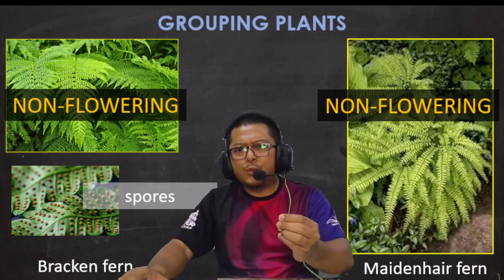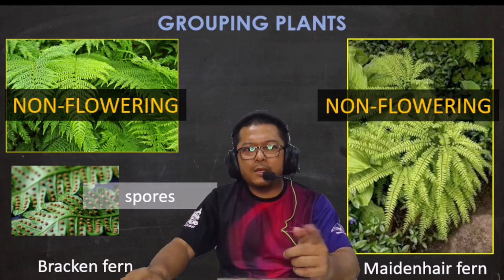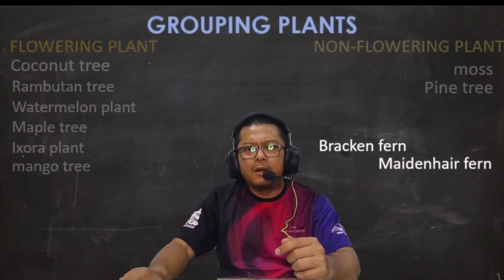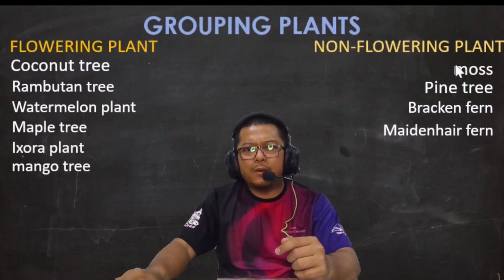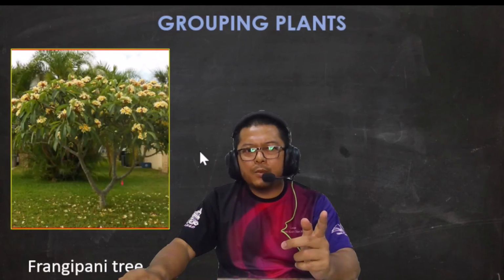And the spores will grow into a new fern plant. So both of these, bracken fern and maidenhair fern, are in the non-flowering plant group. You can see here there are two groups, the flowering plant group and this is non-flowering.